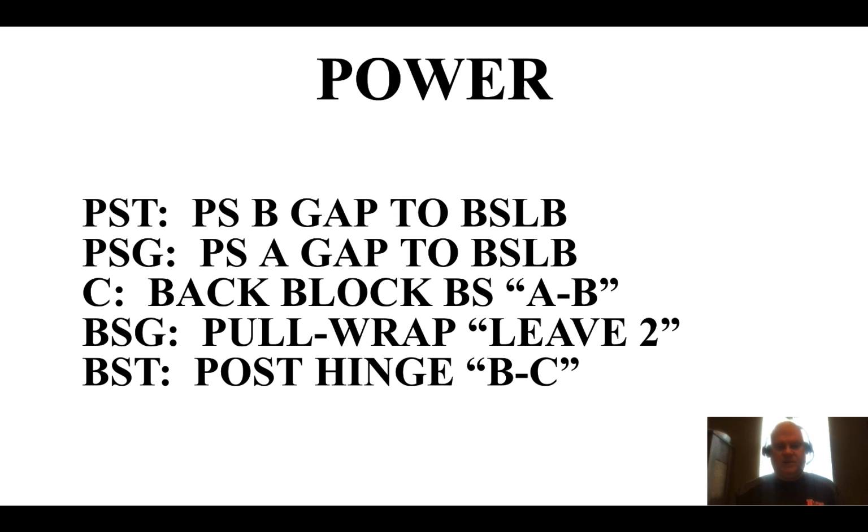We'll see an example of that. Sometimes that may change depending if it's an odd man front, like odd or stack. Backside guard pull wrap. He is going to be the leave 2 man, and we'll get into that in a few minutes. The backside tackle post hinge BC.